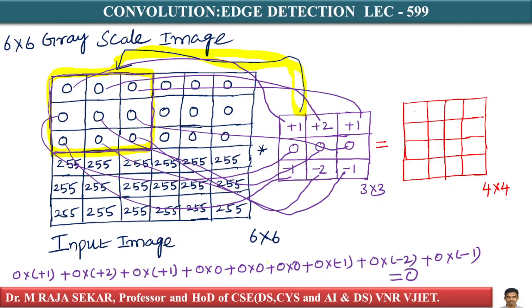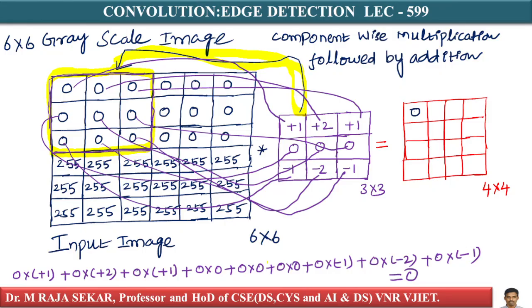I am adding them. If I multiply and add, what will you get? You are multiplying corresponding cells, multiplying all of them and adding them up. This is basically component-wise multiplication followed by addition, isn't it? It is component-wise multiplication followed by addition. This is very, very important. What value are you getting here? You are getting the value 0, isn't it?